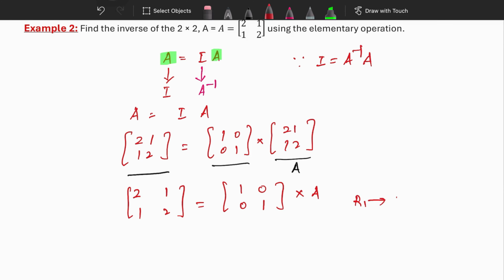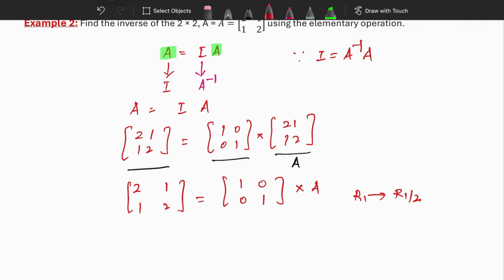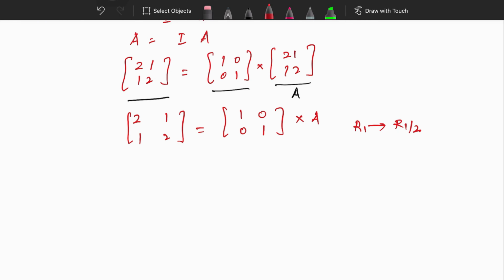Row number 1 would change to row number 1 divided by 2, so all entries are going to be divided by 2. If I divide the first 2 by 2, it's 1, divide 1 by 2 is 1 over 2, and 1 and 2 will stay as they are. If I apply the same rule to the identity matrix, it's 1 over 2, 0 divided by 2 is 0, and 0 1 as it is, into A.